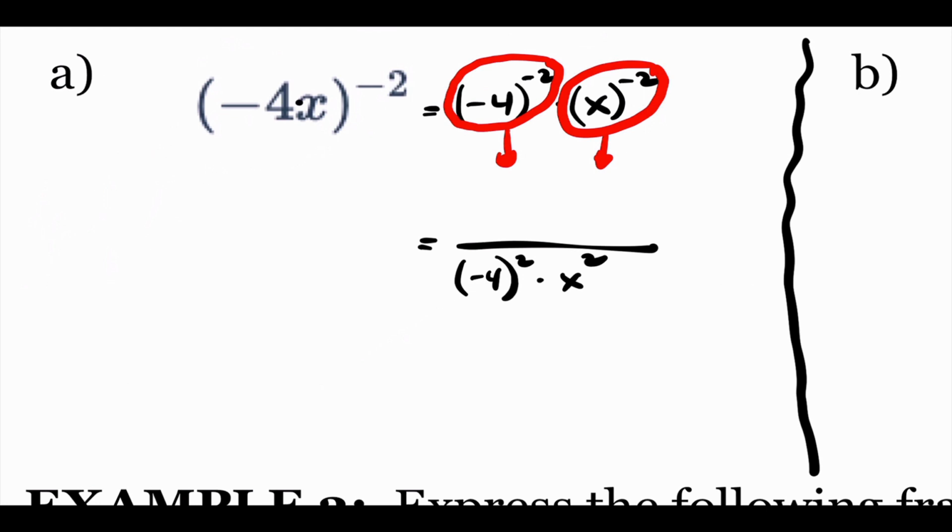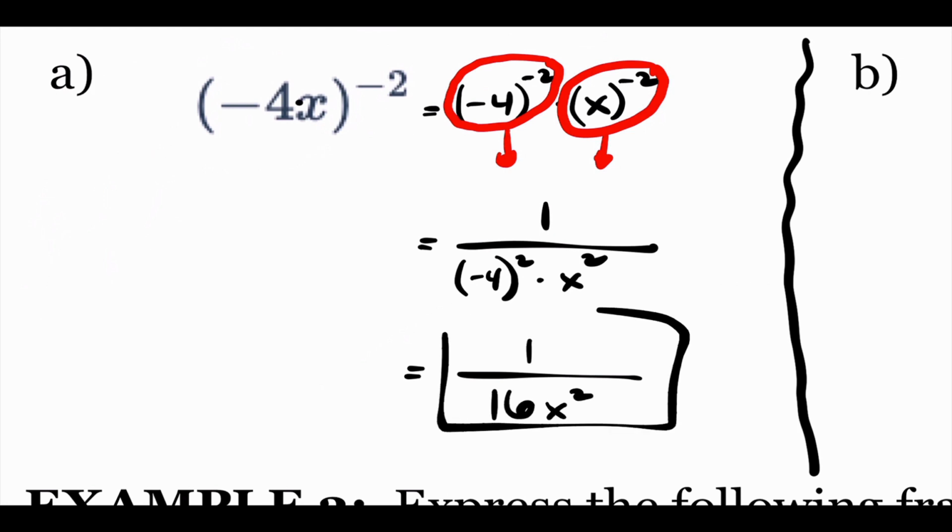Positive x, positive 2. Now, did the negative 4 change signs? No, because it's not an exponent. Only exponents change signs. What's on top? 1. Last step, negative 4 times negative 4 makes positive 16, x squared. Done.